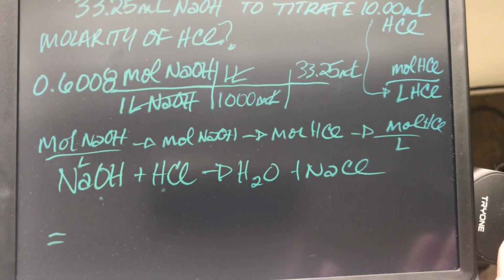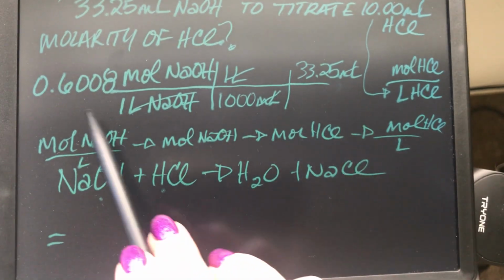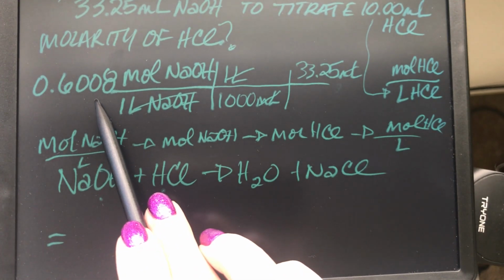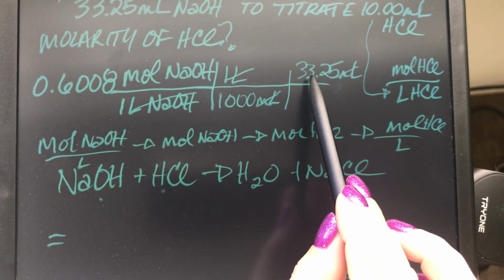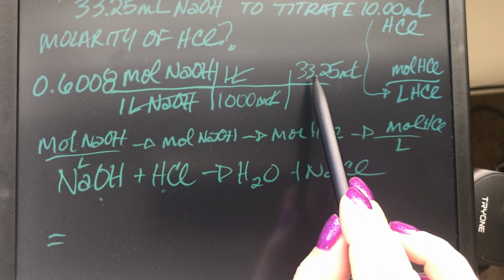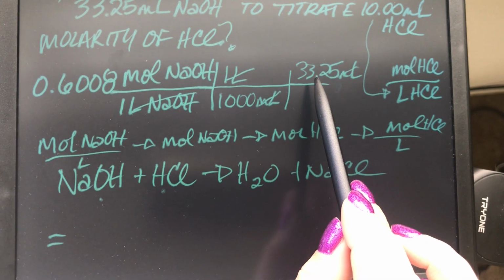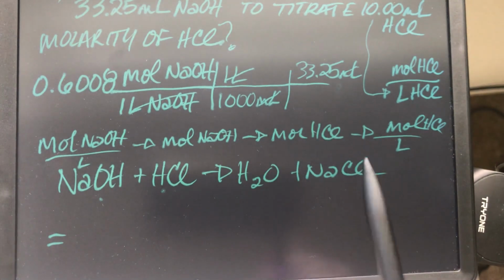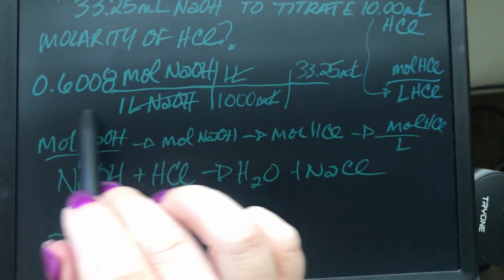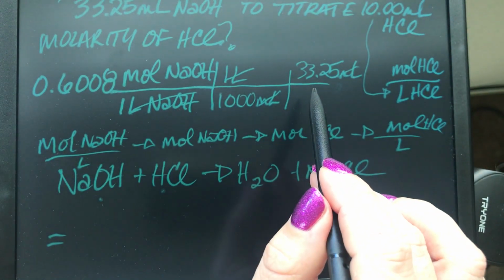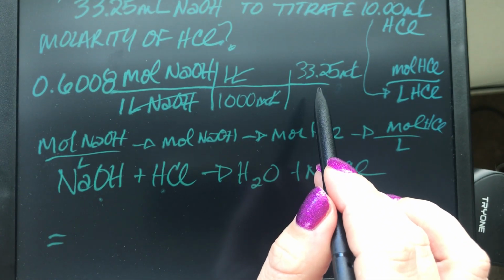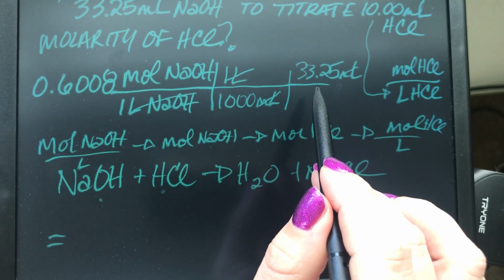Well, there's no reason why you have to start with this one. We could have started with that one. We started off with the molarity, but we could have just as easily started off with the volume. Multiplication order does not matter.